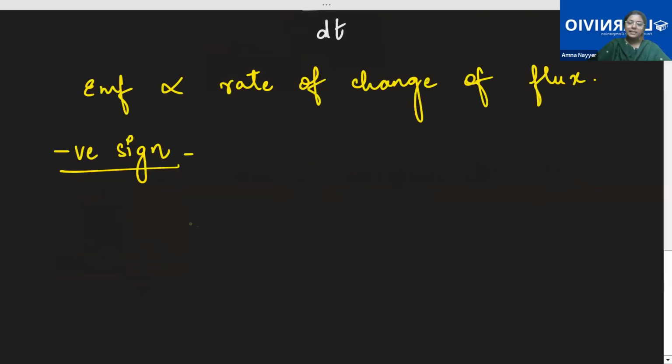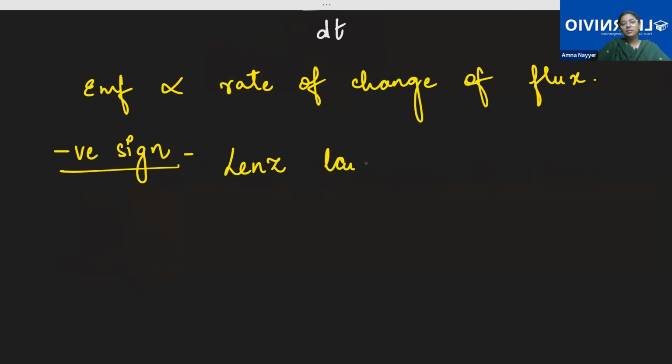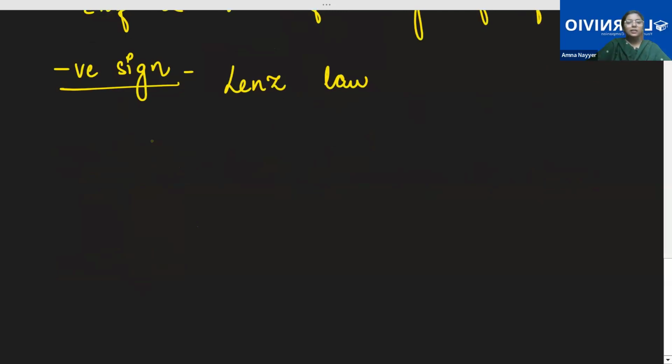The negative sign will tell us about Lenz's law. Lenz's law basically says that it helps us decide the direction of induced current.